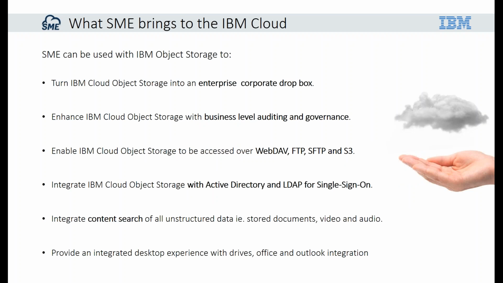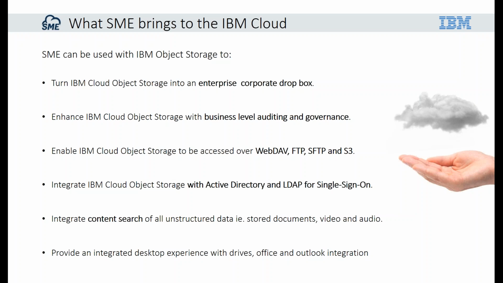Next slide, please. So what do we bring to the IBM Cloud? One of the use cases that we see very strongly inside of the enterprise is taking object storage and doing something strategic with it, which is something over and above just backup.